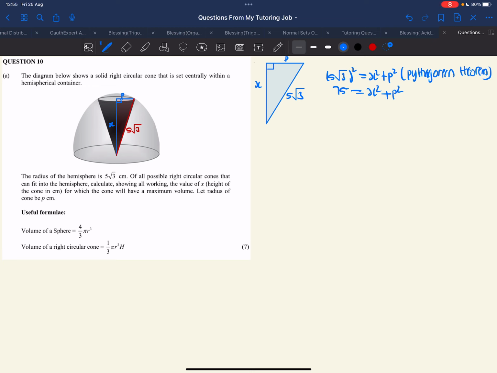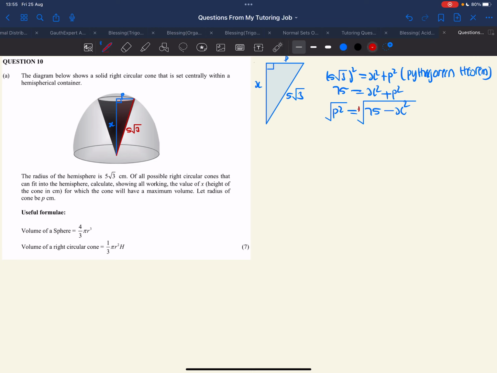And then if you take the x squared to the other side, you're basically going to have p squared being 75 minus x squared. Then if you wanted to find p alone, you're going to square root both sides. Remember, in maths, whenever you take the square root of both sides, you always put a plus or a minus there.